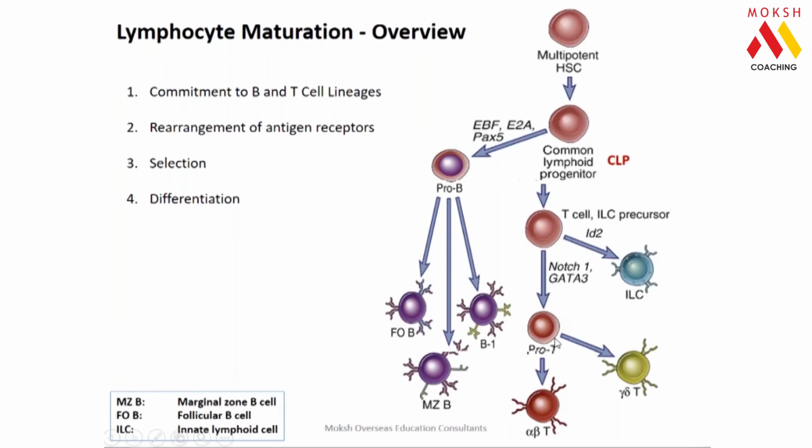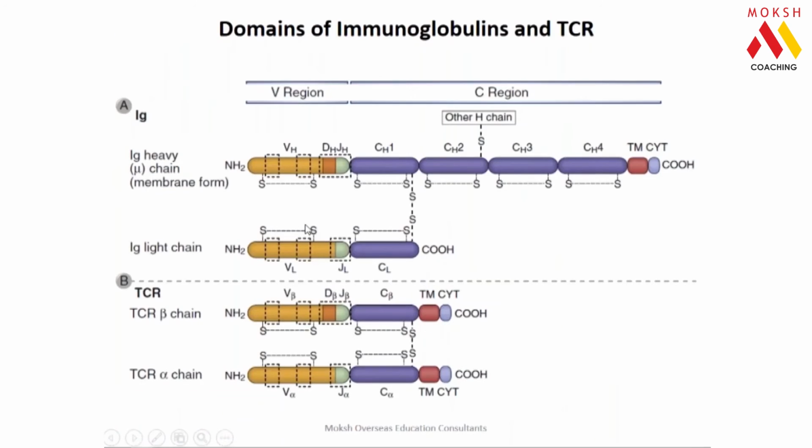Now your T cells can become a pro-T cell, which leads to a pre-T cell, which will become either an alpha-beta T cell, or in very rare occasions, less than 5% of the cases, a gamma-delta T cell. These gamma-delta T cells we find in the gut area. The alpha-beta T cells we find everywhere in the secondary lymphoid organs, again, waiting to be activated.